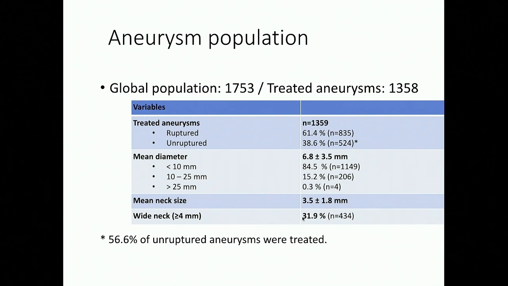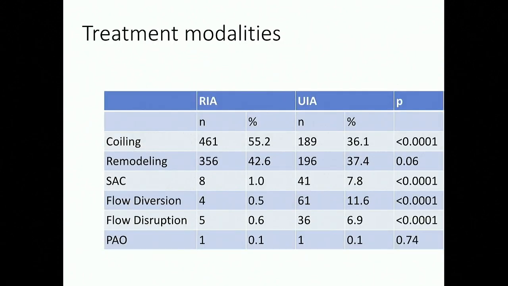So he was comparing, of course, coiling versus remodeling in ruptured aneurysms. And you see that remodeling now is used in 42% of the cases. I told you that in the previous study in France, only 20% of the ruptured cases were using the remodeling technique.